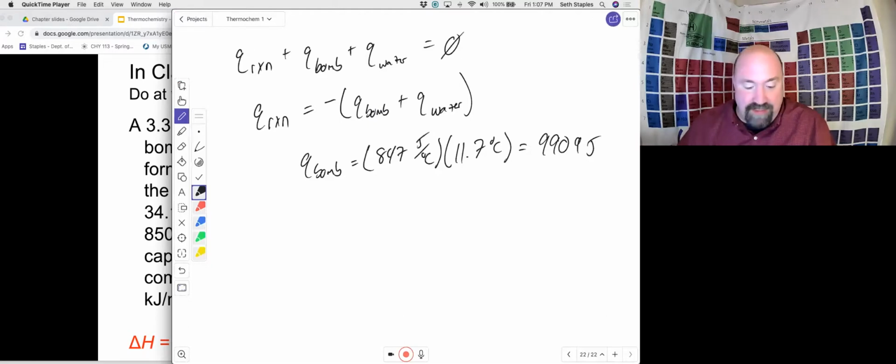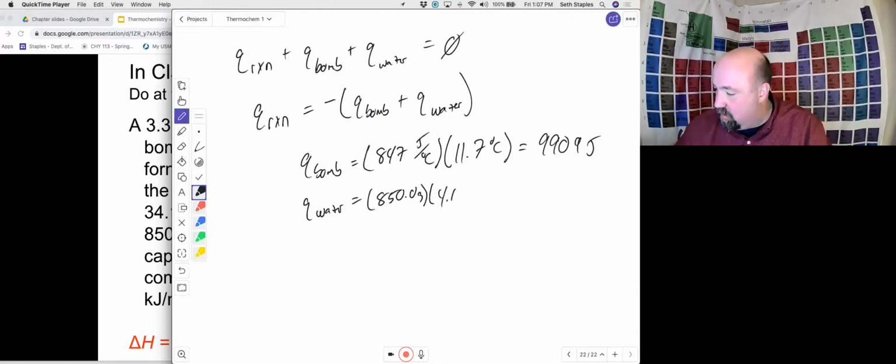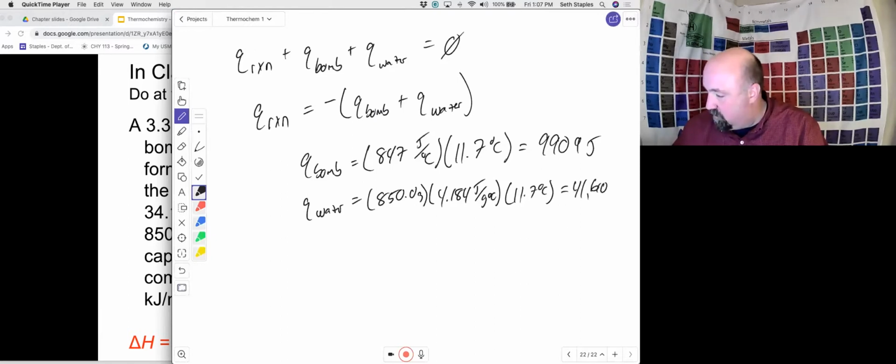But then we can also calculate the heat that the water absorbed by using our old friend, MC delta T. We had 850 grams of water, 4.184 joules per gram degree C, times our temperature change, gives us 41,610 joules.